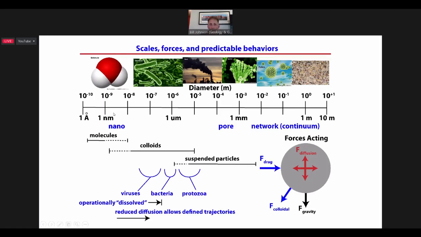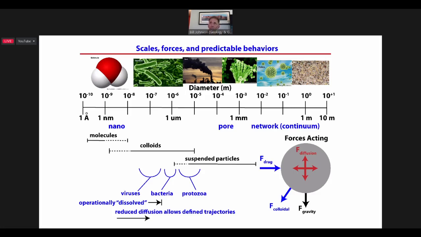Those are the smallest colloids. 1,000 times larger than that is the micron size range, and that's the size range of bacteria. And then in the 10 micron size range, that corresponds to protozoa and other large colloids. So that span from the smallest colloids to the largest colloids is 4 orders of magnitude, a factor of 10,000.